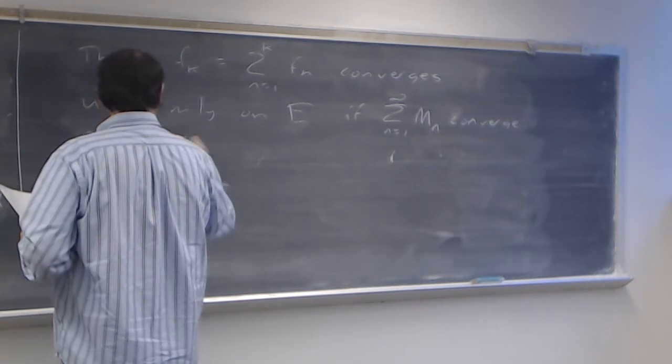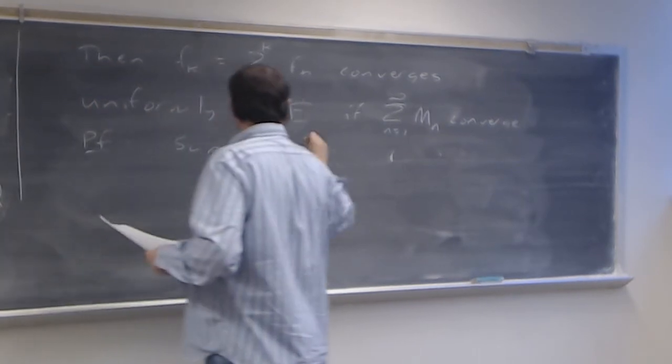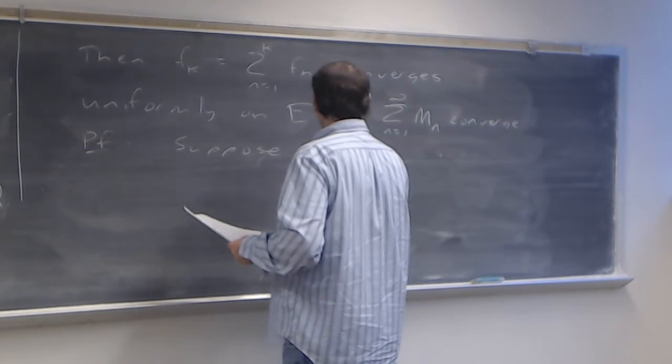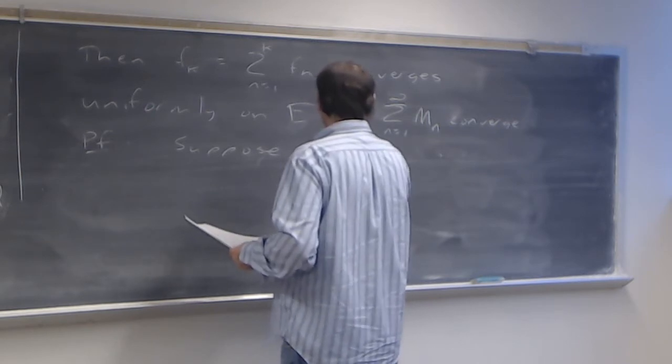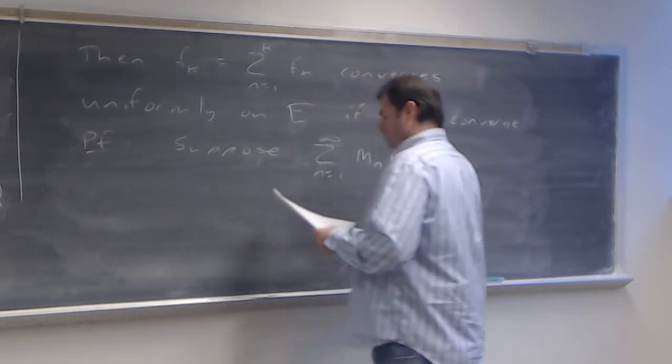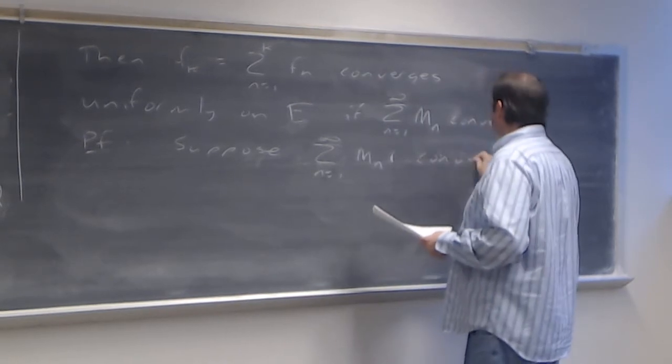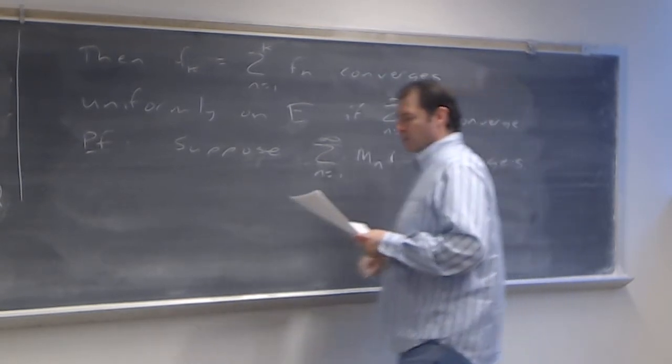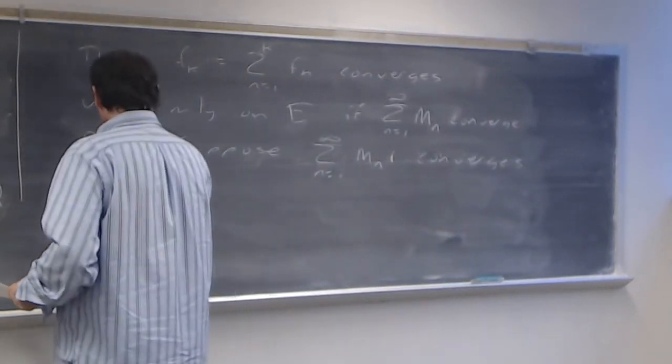So we're going to suppose that the sum of the m sub n's converges. We let epsilon be greater than 0 be given.